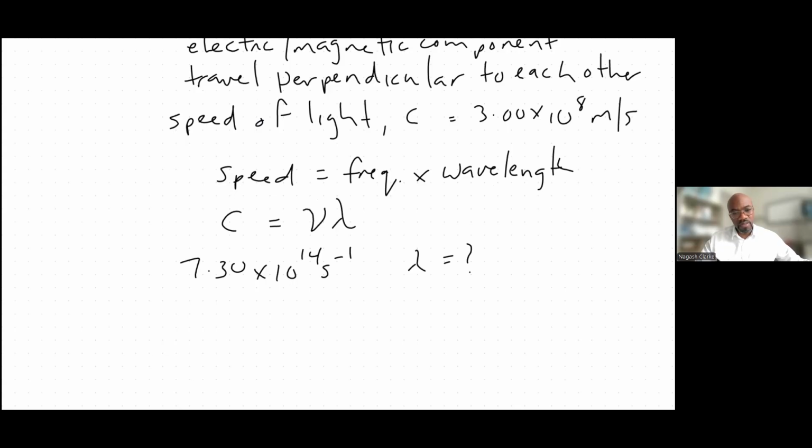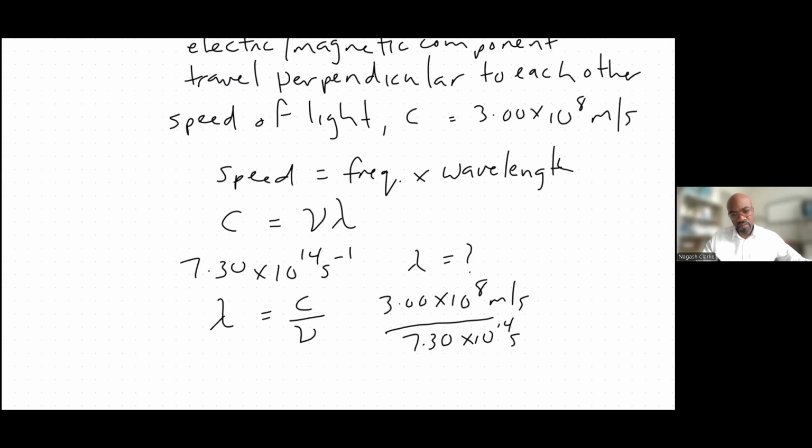I want wavelength, so that's going to be c over frequency: 3.0 times 10 to the 8 meters per second over 7.30 times 10 to the 14 reciprocal seconds. Seconds cancel, and you do your math.